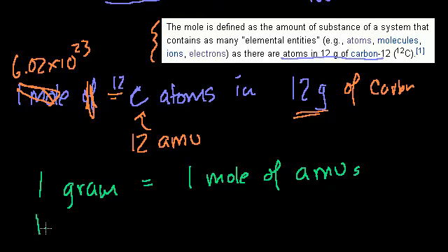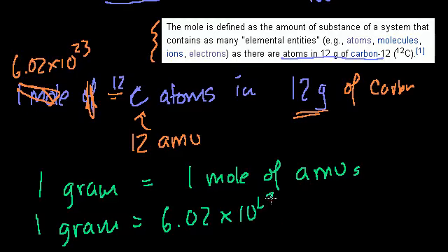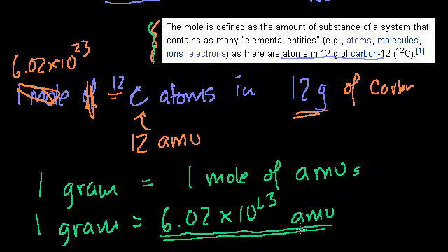Or you could write 1 gram is equal to 6.02 times 10 to the 23 atomic mass units. And the reason this is useful, and it's addressed in the Wikipedia definition, is it helps us translate between the atomic world, where we deal with atomic mass units, and our everyday world, where we deal in grams.